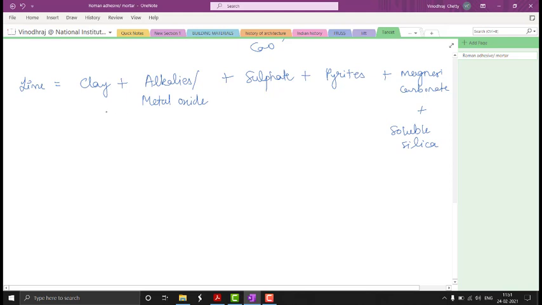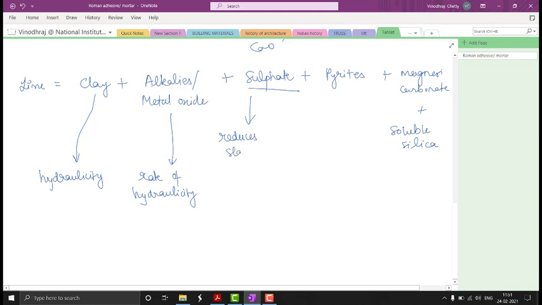Let's see what properties each material has. Clay is basically for hydraulicity, the ability of lime to set in damp conditions. Alkalis decide the rate of hydraulicity, that is, the speed at which the hydraulicity process happens. Sulfate reduces slaking.